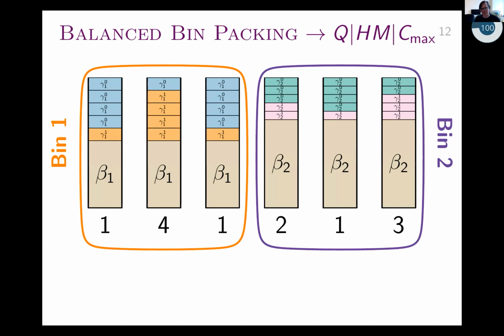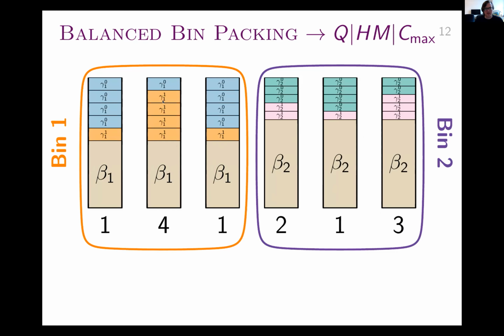So here it is kind of all together. You have an item of size 1, item of size 4, item of size 1, and here are items of sizes 2, 1, 3. And these correspond to the first bin, these correspond to the second bin. The way it's encoded is that the beta 1 jobs appear on these machines and the beta 2 jobs appear on these machines.